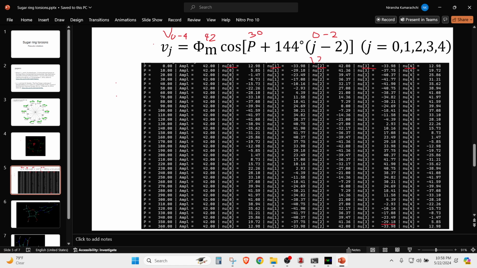So now we are at P is equal to 20. So what are the values? Amplitude is 42, that's correct, right? Now at P is at 20, it is C3 prime endo, okay? And mu1 value is minus 47. So how I created this PDB is I restrained mu1 and mu3 at different values.